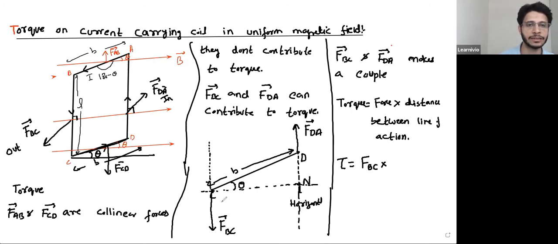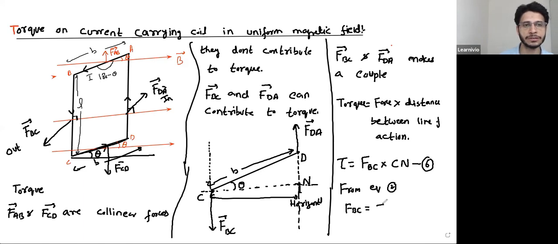I call this as N and this is point C. So this is the perpendicular distance, which is Cn. I call this as equation number 6. We calculated FBC in equation number 2, I think. From equation 2, FBC is ILB. That is equation number 7.